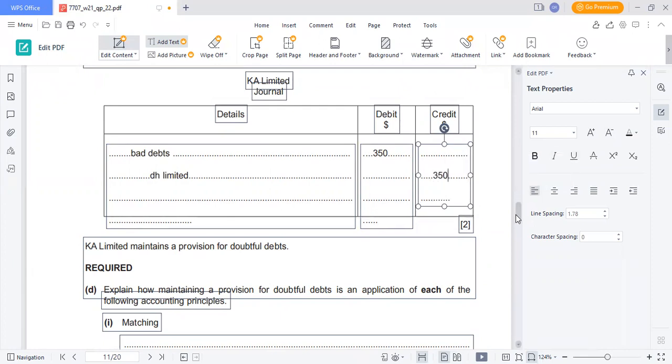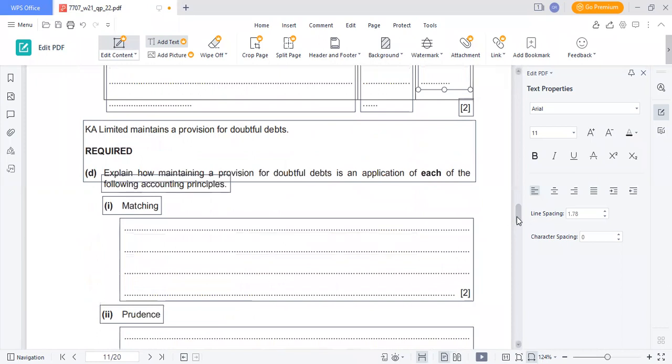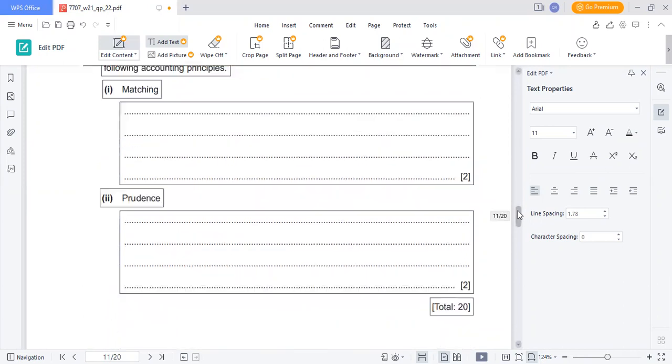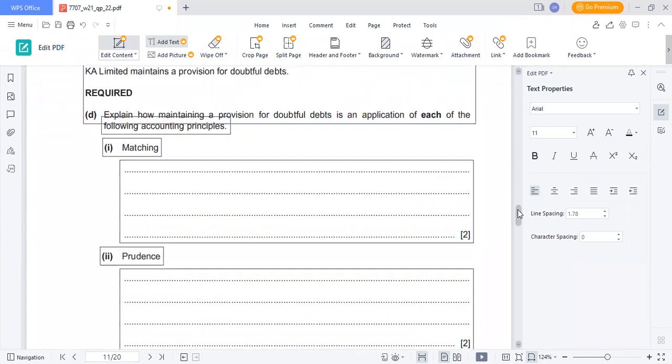Okay. KA Limited maintains a provision for doubtful debt. Explain how maintaining a provision for doubtful debt is an application of each of the following accounting principles: matching, prudence. Matching concept states that the income for the year equates the expenses for the year. The exact definition is the amount of sales for which the business is unlikely to be paid.